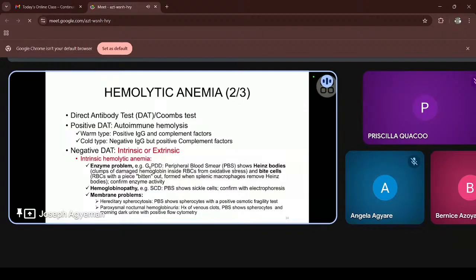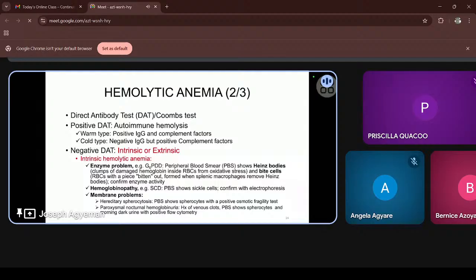What are these antibodies? Immunoglobulin G and or complement factors. So if you do the Coombs test, also known as the direct antibody test, and it comes out positive, positive means you can have either complement factors or immunoglobulin G or both being present.